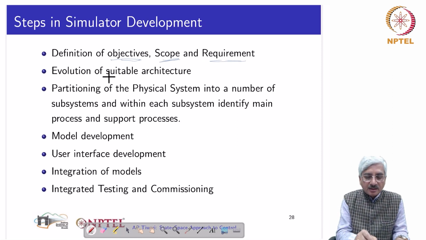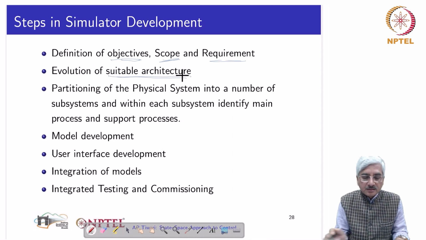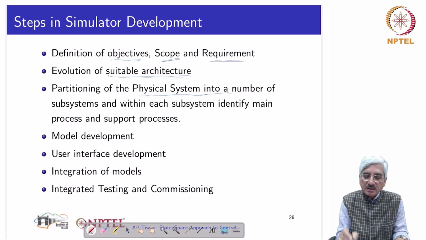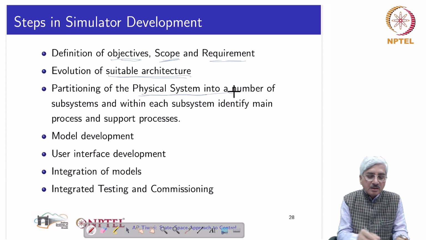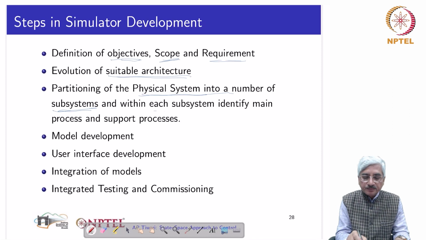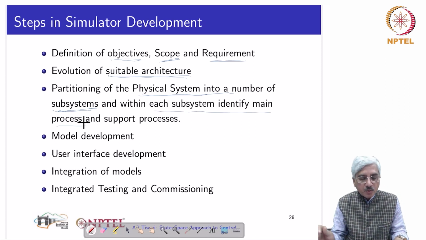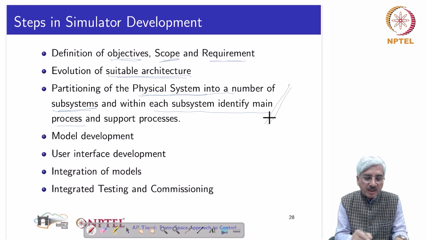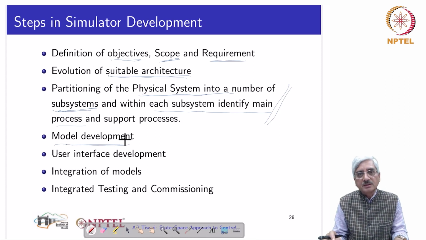Then a suitable architecture has to be selected, and the given physical system which is being simulated is partitioned into a number of subsystems for the purpose of simulation, and in turn for each subsystem we identify the main processes and the support processes. This is essentially to make the model development happen at an easy pace.